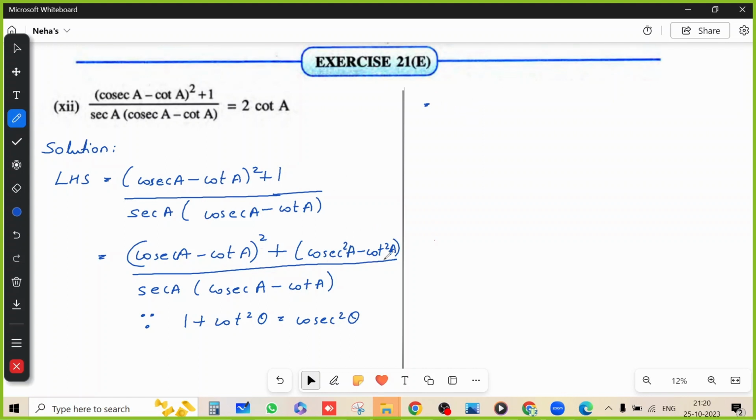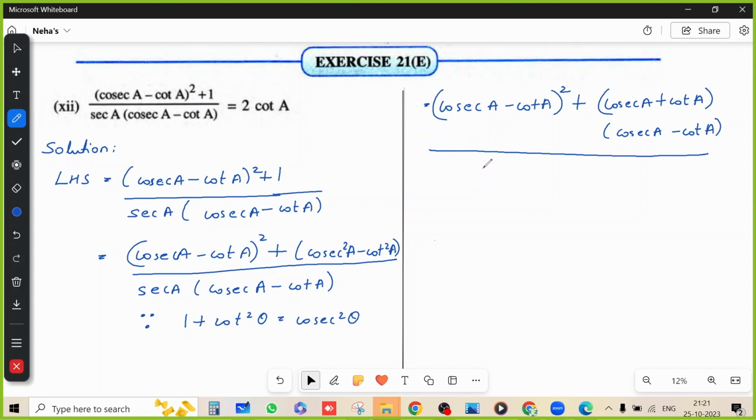This is because the second expression is of the form A square minus B square, which can be written as A plus B into A minus B. So this will become cosec A minus cot A whole square plus cosec A plus cot A into cosec A minus cot A. Here we have expanded this using the formula A square minus B square is equal to A plus B into A minus B. So this is divided by the denominator.